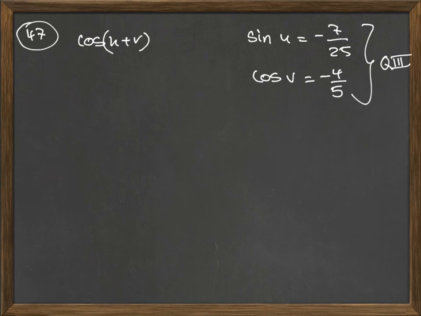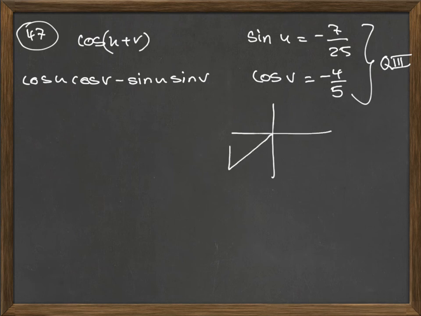So the formula is cosine u cosine v minus sine u sine v. We have the sine of u, we have the cosine of v. What we don't have, we need to find. Quadrant 3, sine of u is opposite, negative 7. This is u, this is 25.